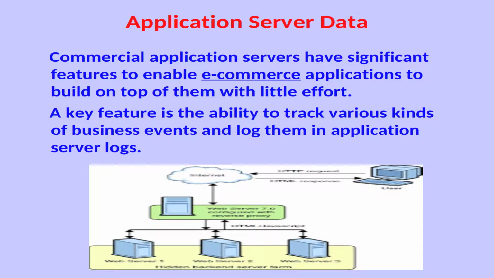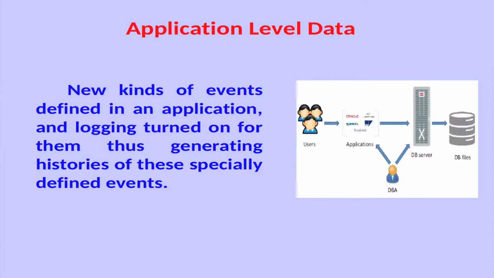A key feature is the ability to track various kinds of business events and log them in application server logs. Third, application level data: new kinds of events can be defined in an application and logging turned on for them, thus generating histories of these specially defined events. Many end applications require a combination of one or more of the techniques applied in the categories above.